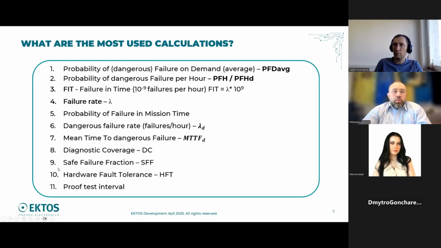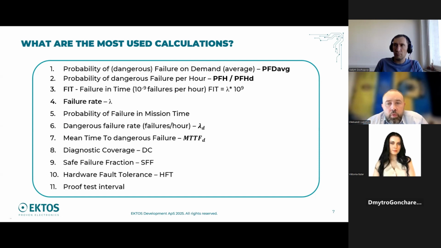So what are the most used calculations we have to do to work with our safety targets? There are pretty few, and we have listed all of them. First are probably the most used ones during certification: the probability of dangerous failure on demand, the average one, and the probability of dangerous failure per hour.